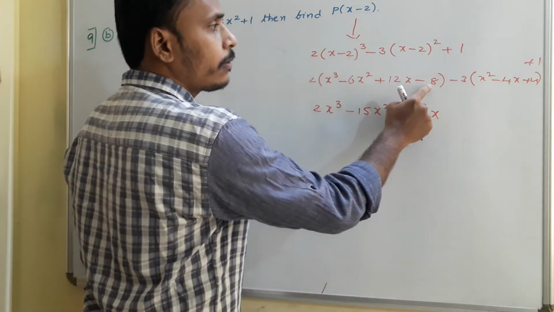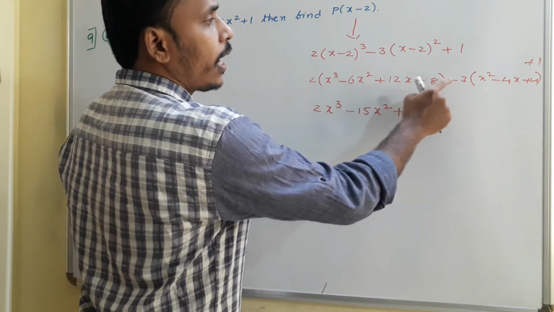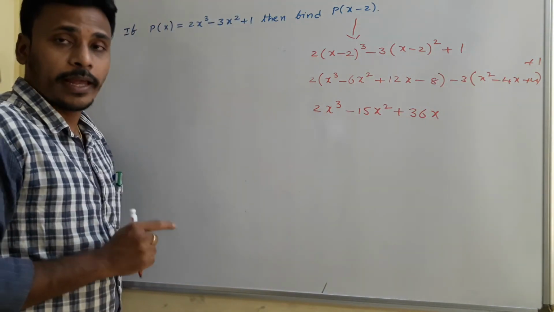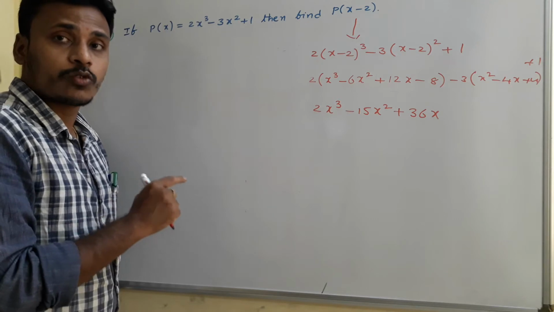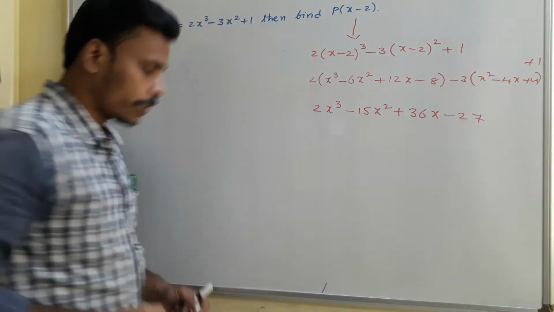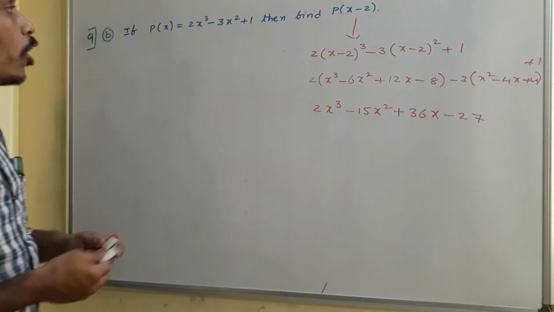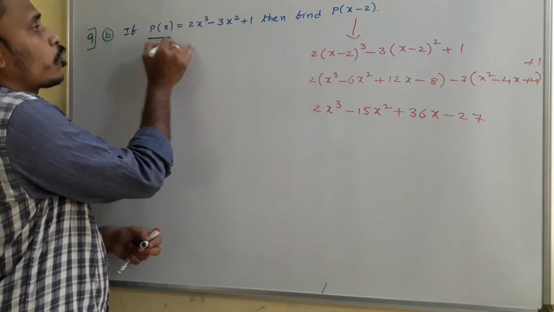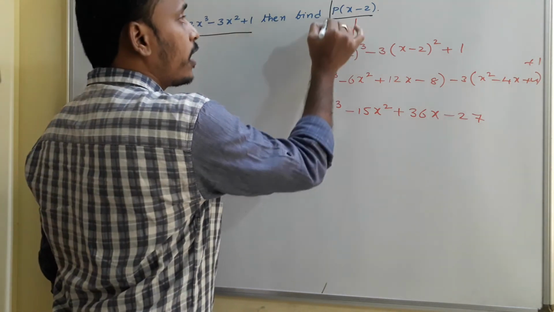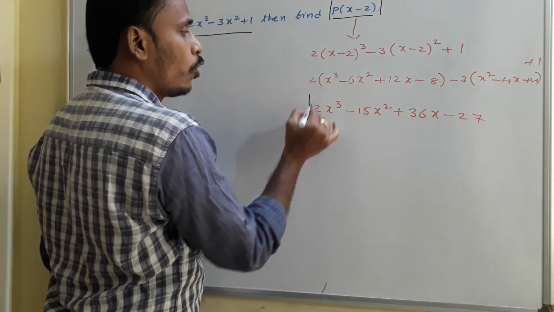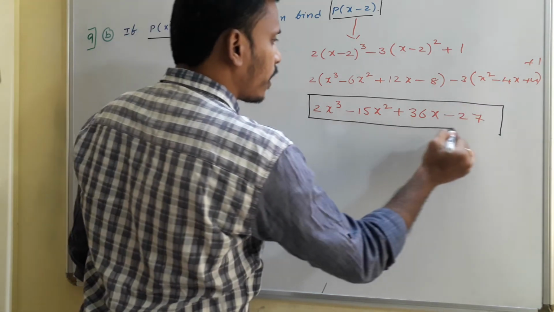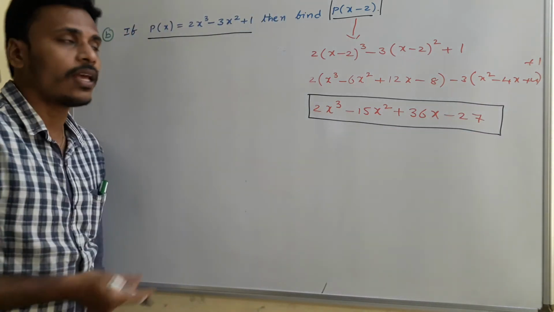Minus 16, and then minus 3 into minus 4 is plus 12. Minus 16 plus 12 is minus 4, minus 4 plus 1 is minus 27. So p of x is equal to 2x cube minus 3x square plus 1. P of x minus 2 is equal to 2x cube minus 15x square plus 36x minus 27.